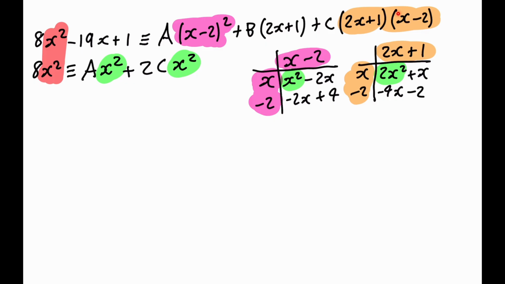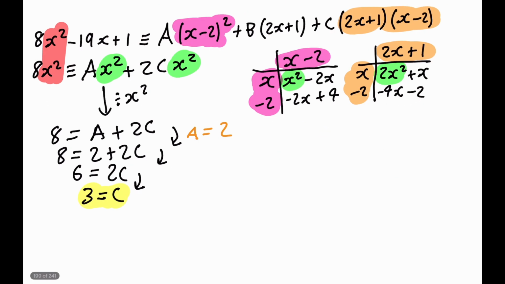And when you find the x squared term of this, it will just be the 2x times the x, because no other combination would make an x squared term. So you'll get 2x squared, multiplied by c, so 2cx squared. And you can also do it this way if you don't feel comfortable: just expand it all out, find the x squared terms, and then compare coefficients.